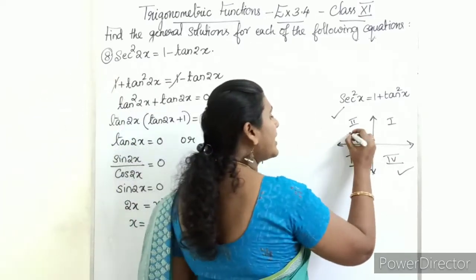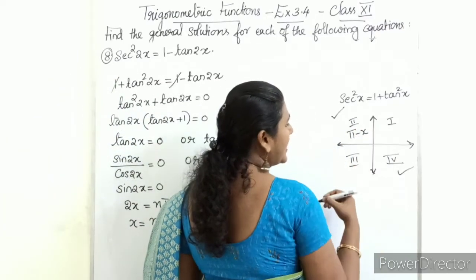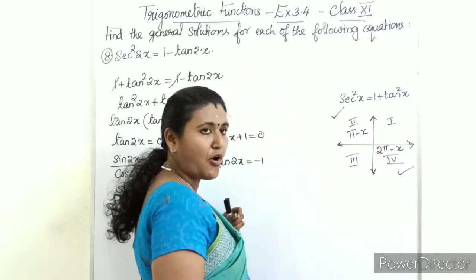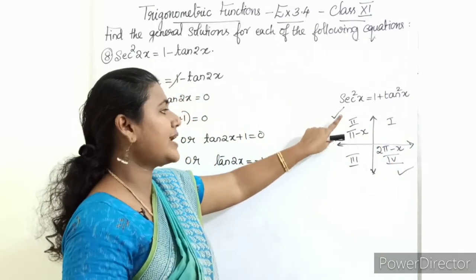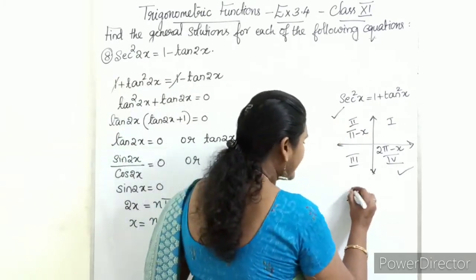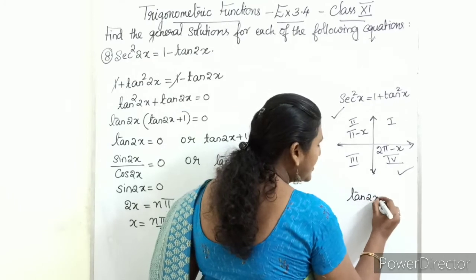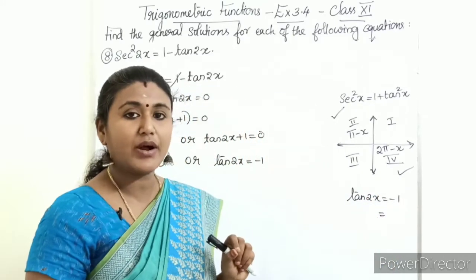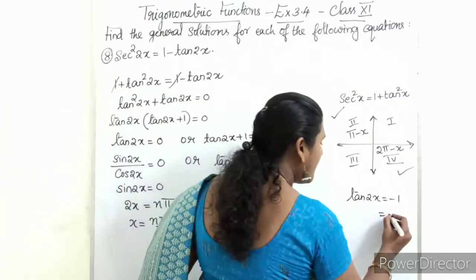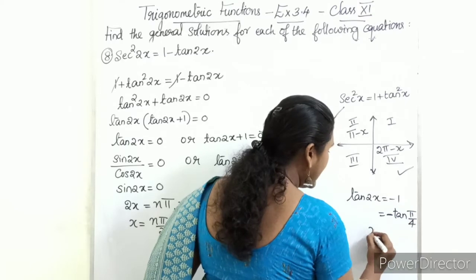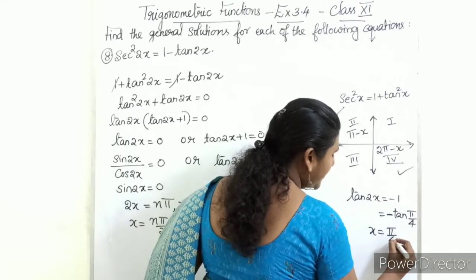In the second quadrant, how will you find the angle? Pi minus x. In the fourth quadrant, 2 pi minus x is the formula. So we are going to find the angle in the second quadrant. First we will write tan 2x is equal to minus 1. For which angle is the tan value 45 degree, that is tan pi by 4, so x is equal to pi by 4.